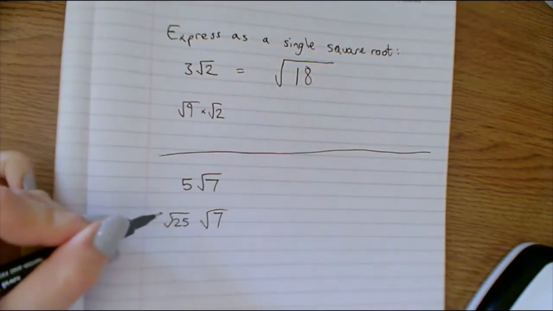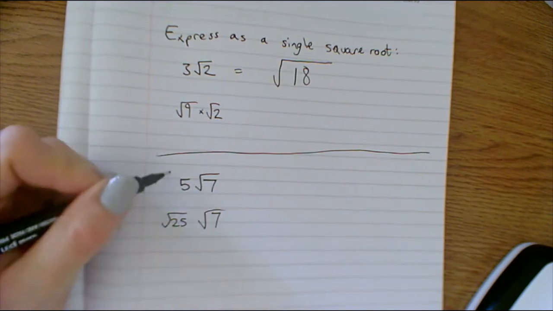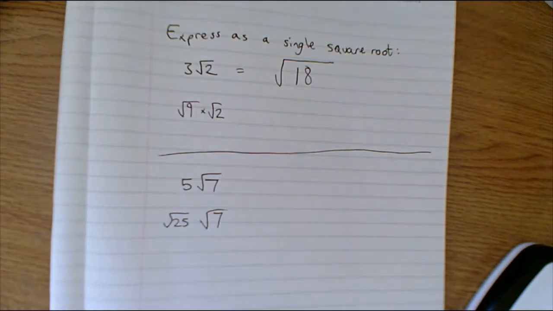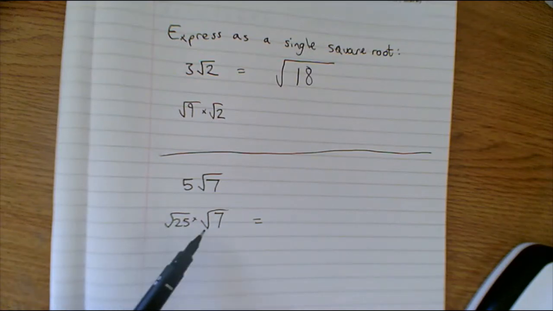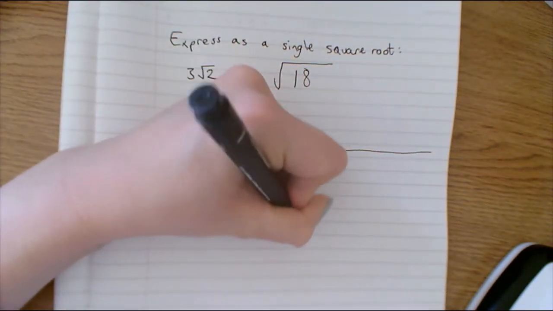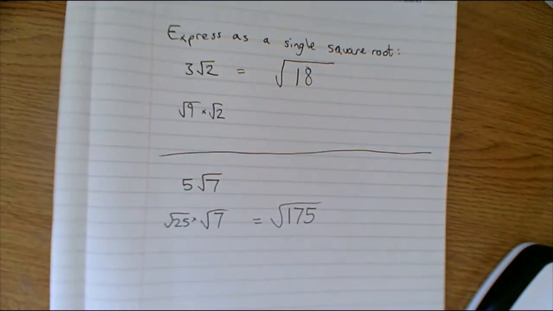Because 5 squared is 25, so root 25 is 5. These two bits are the same. So then after that, instead of 5 root 7, we've got root 25 times root 7, to which the answer is simply, well, 20 times 7 is 140. 5 times 7 is 35. So you add these together and get root 175. Okay, and so that's that.